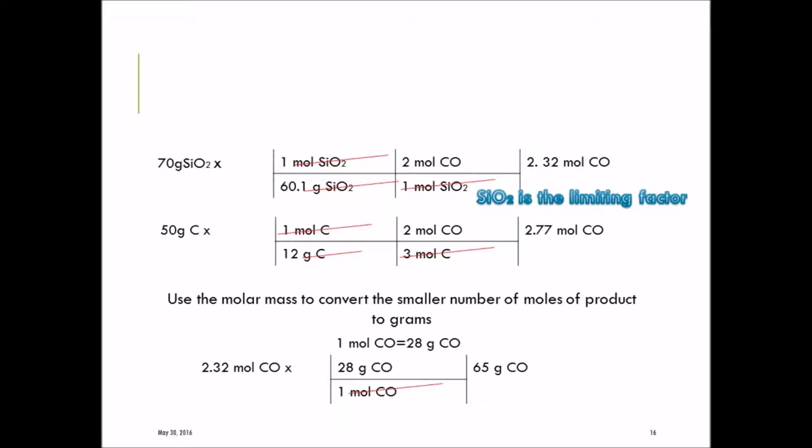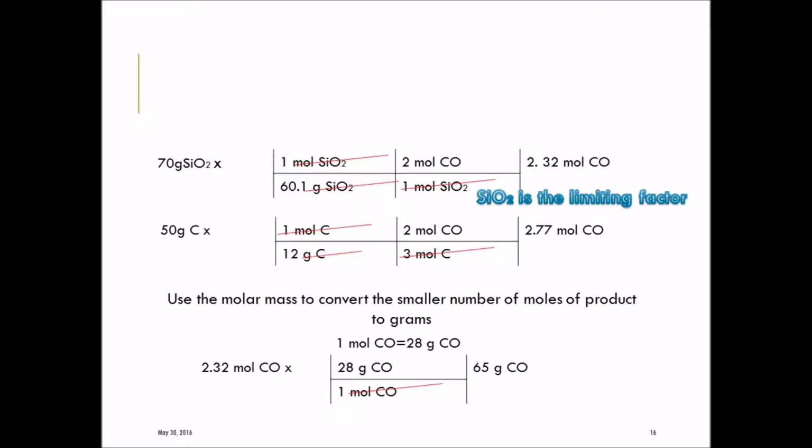So, as we only have enough to produce a maximum of 2.32 moles of carbon monoxide, this is the number of moles that we are going to use in the conversion to the grams that we can have.